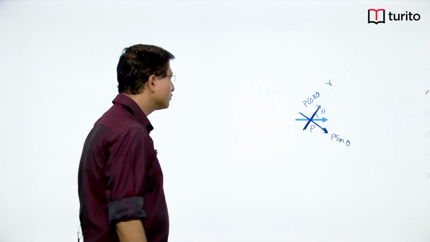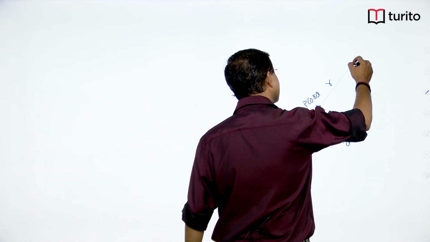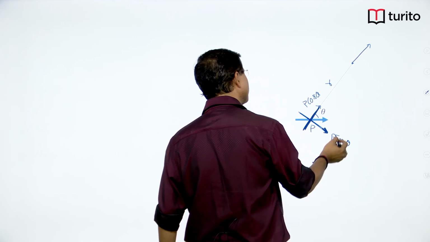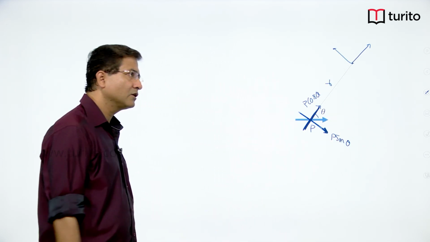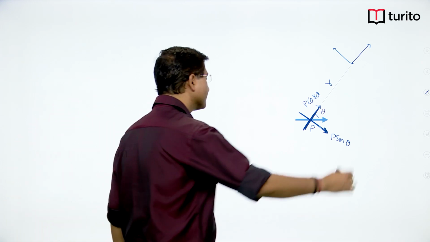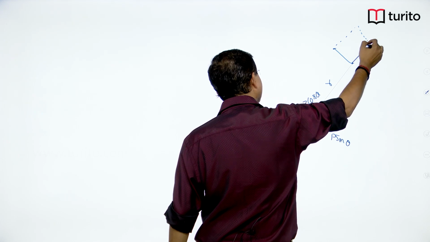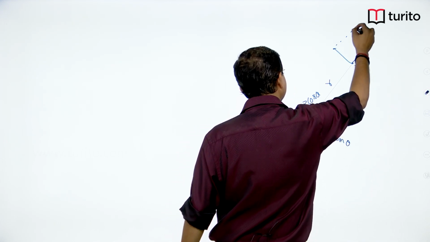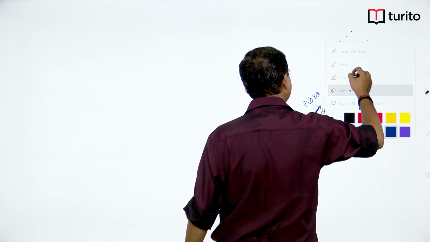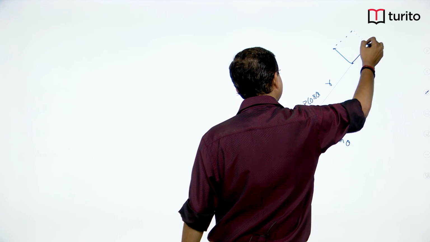Right. Due to p cos theta we got field in this direction, and due to p sin theta the field was in this direction. The resultant of these two came somewhere in this direction.